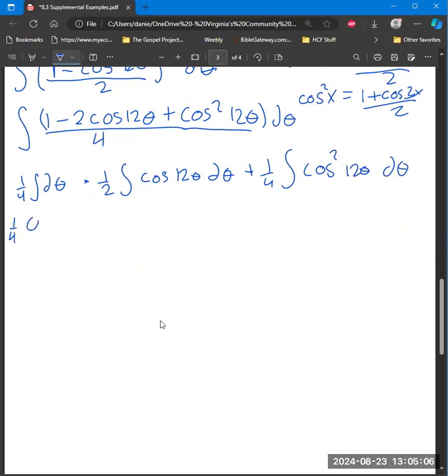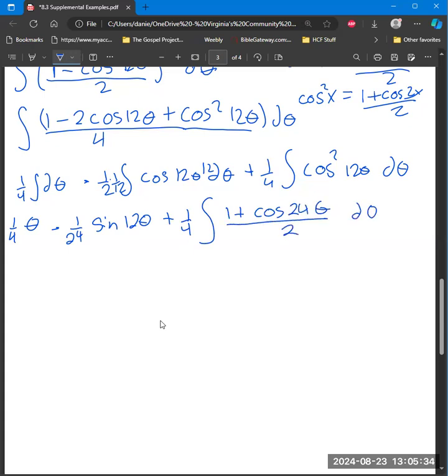So this right now is 1/4 of theta, and I'm going to do 12, and 1/12 gives me minus 1 over 24 sine of 12 theta plus 1/4 integral of 1 plus cosine of 24 theta over 2 d theta.